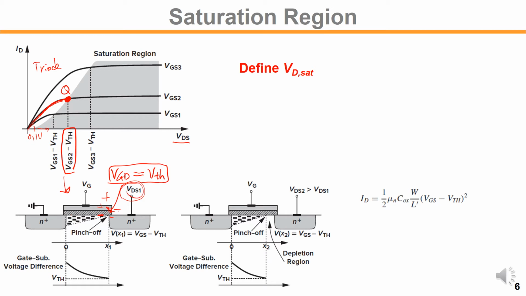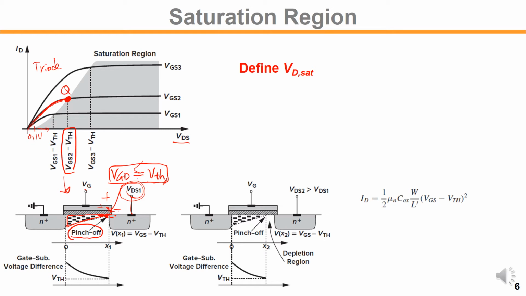But if you start increasing and get to this voltage, the VGD difference is less than VTH, and the channel inversion disappears. So we see this kind of triangular electron density profile. At the tip of the triangle, we say pinch off happens, so the channel starts disappearing at the edge of the drain.